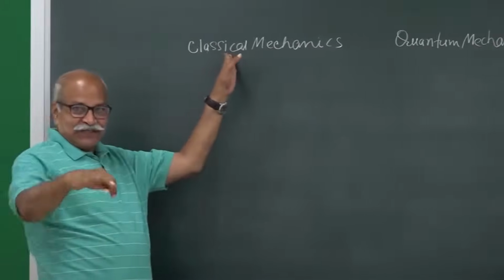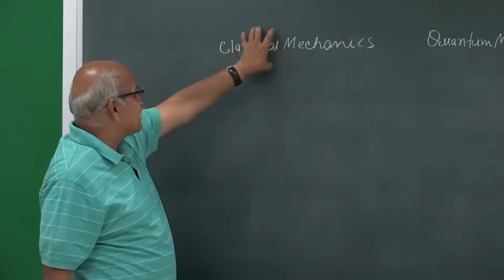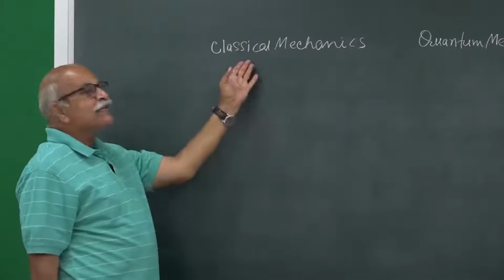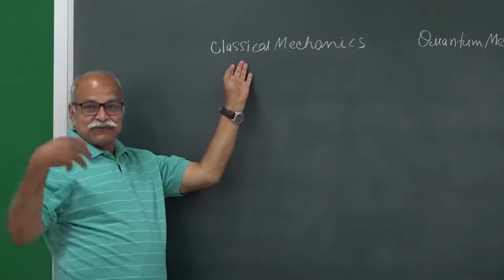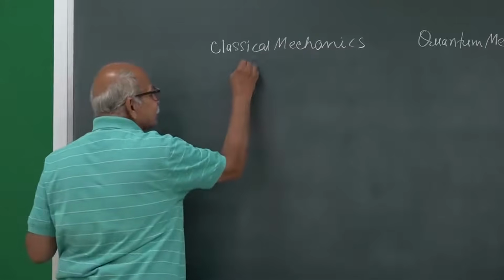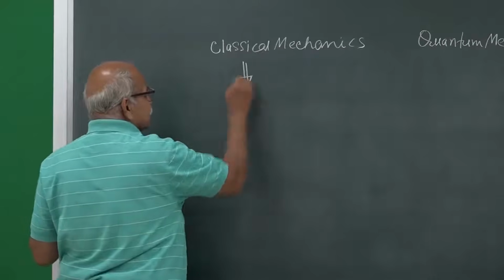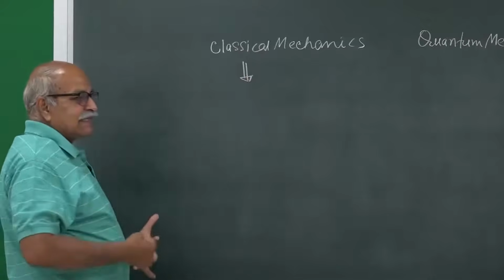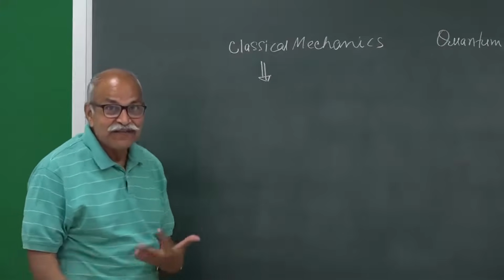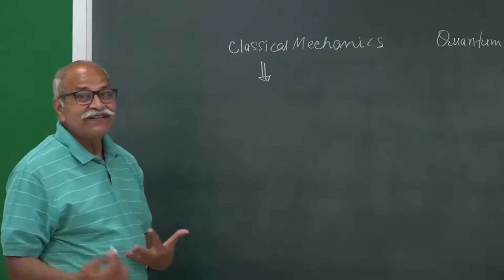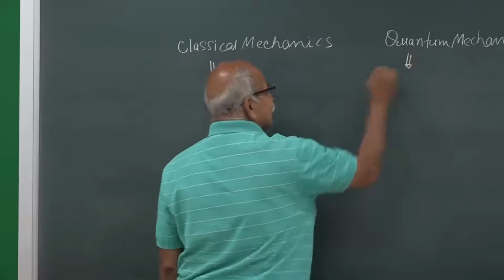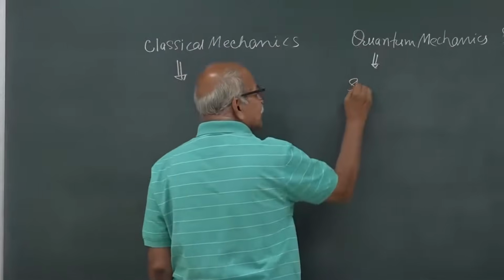Classical mechanics is the one from which we will be doing some of the topics in this course. It talks of particles and systems which are not very small, not at the angstrom or nanometer level. Quantum mechanics is the branch where we talk of small particles.